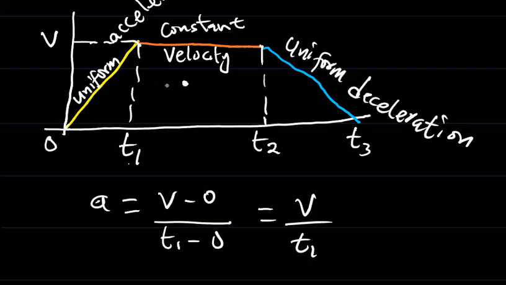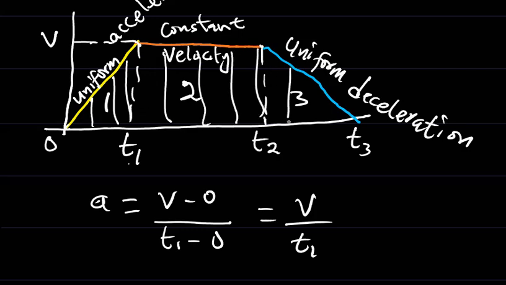Then third is the uniform deceleration, where there's also a distance covered. So there are three segments: segment 1, segment 2, and segment 3. The distance covered by the object will definitely be the area under the graph.